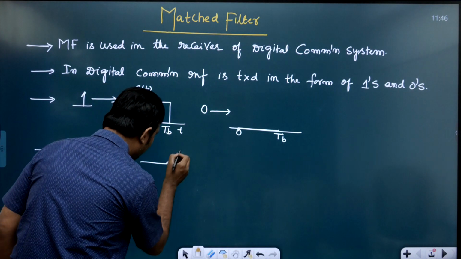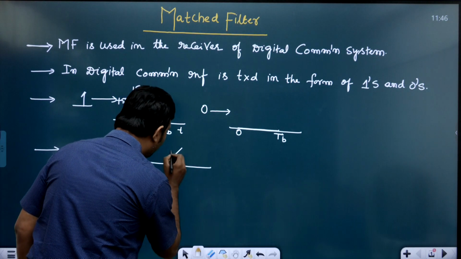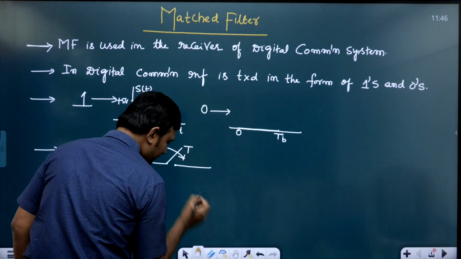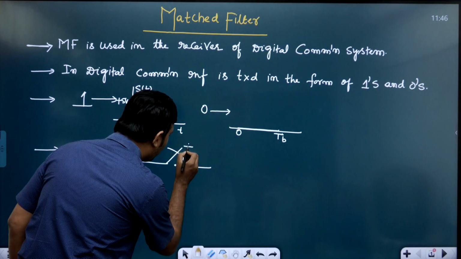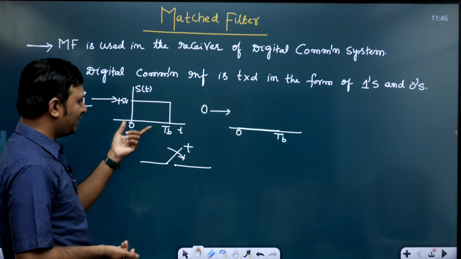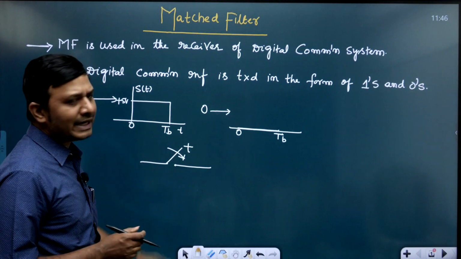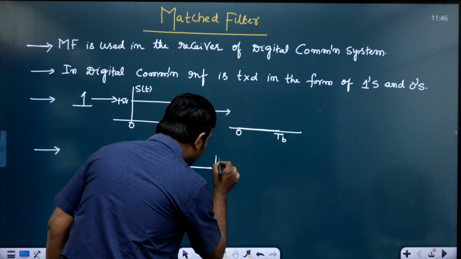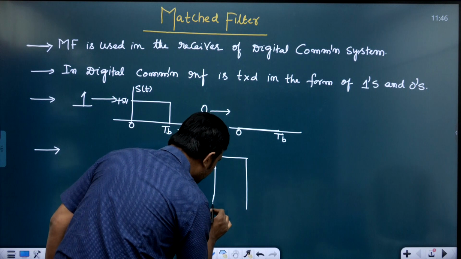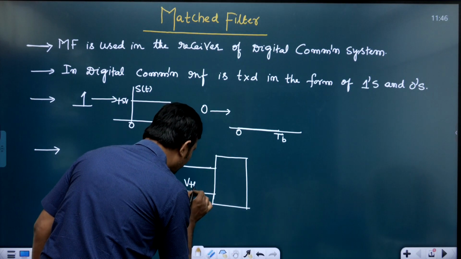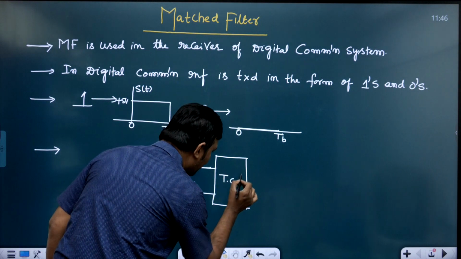To the received information, the receiver will sample the received pulse at a particular instant, and it will compare based on the threshold value, in a threshold comparator.